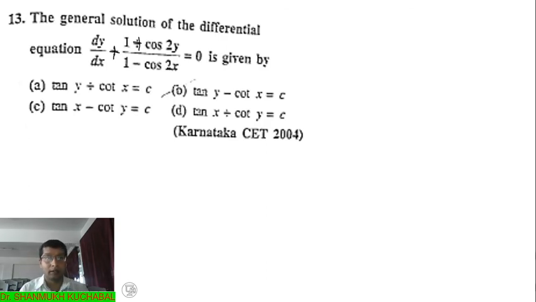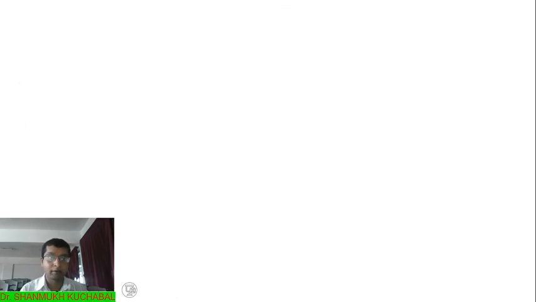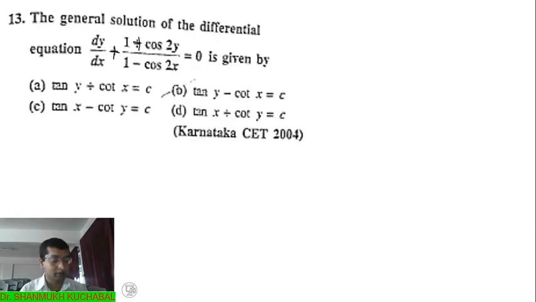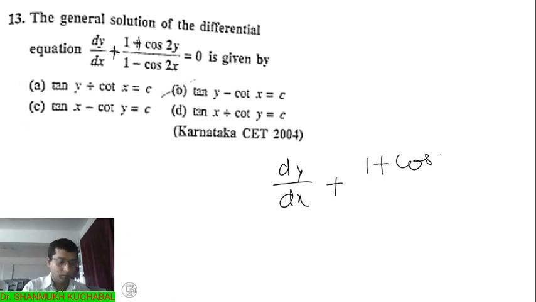So here we have to take dy and y on one side, dx and x on the other side, and integrate, and we will get a solution. So the given expression is dy by dx plus 1 plus cos 2y divided by 1 minus cos 2x equal to 0.